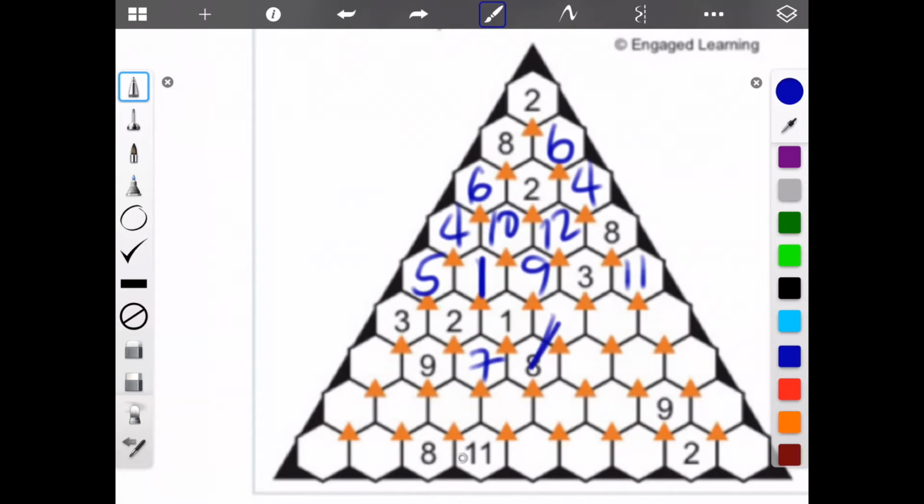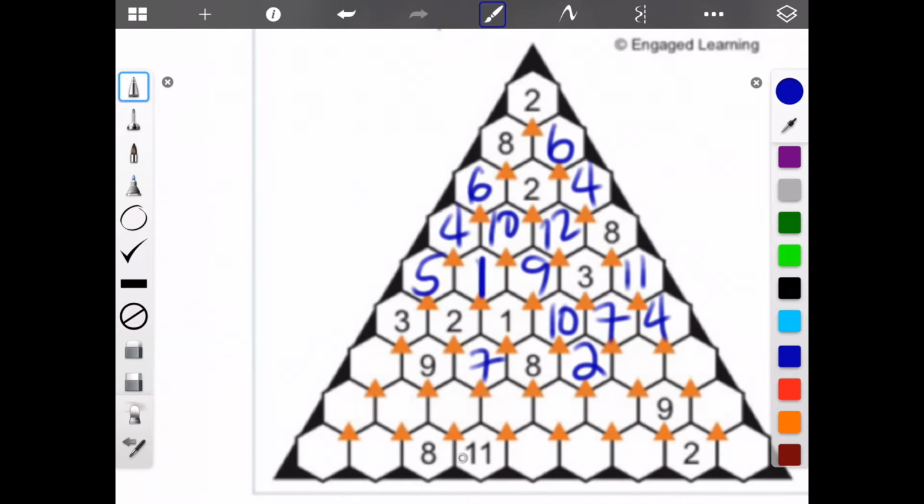You can't have an 8 and 8, that means this has to be 0. So this has to be 10, and this has to be 2. Okay, and to get to 3, this has to be 7. To get to 11, it has to be 4. And I have no repeats, right?